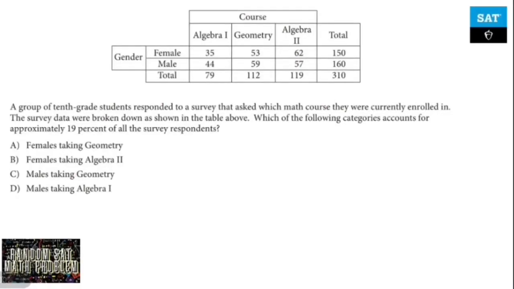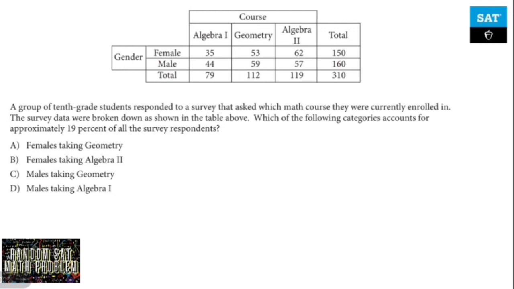A group of 10th grade students responded to a survey that asked which math course they were currently enrolled in. So I can see males and females, and then they were either in Algebra 1, Geometry, or Algebra 2. Which of the following categories accounts for approximately 19% of all the survey respondents? So I'm viewing this again without a calculator.